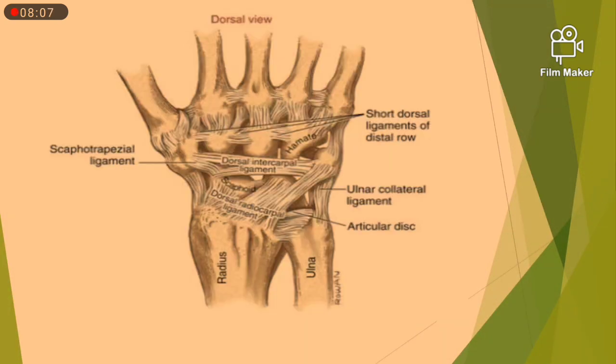Now this is the dorsal view. You can see the scaphotrapezial ligament, dorsal intercarpal ligament, short dorsal ligament of the distal row, ulnar collateral ligament. Here you can see the articular disc.